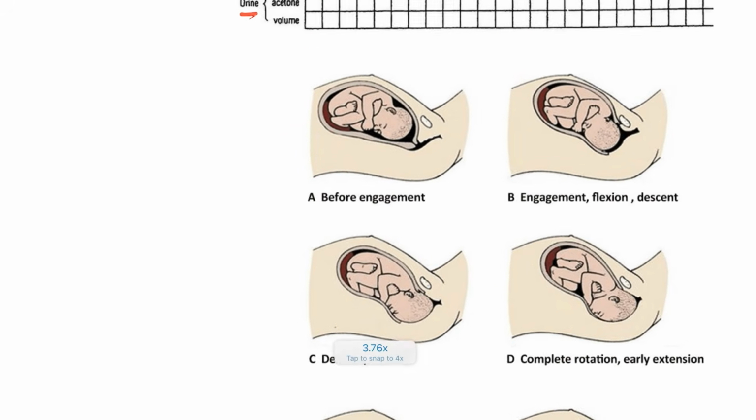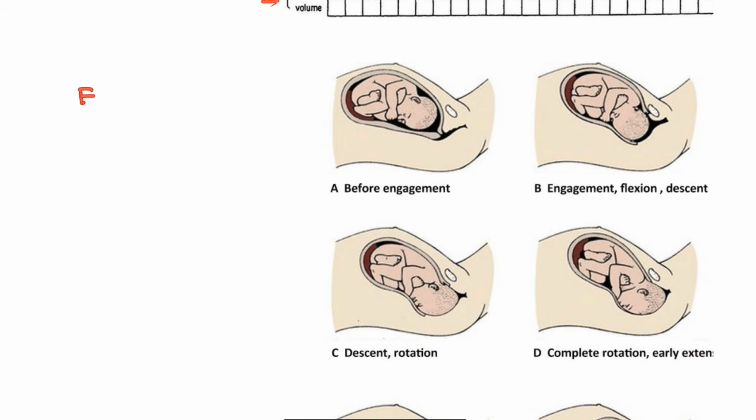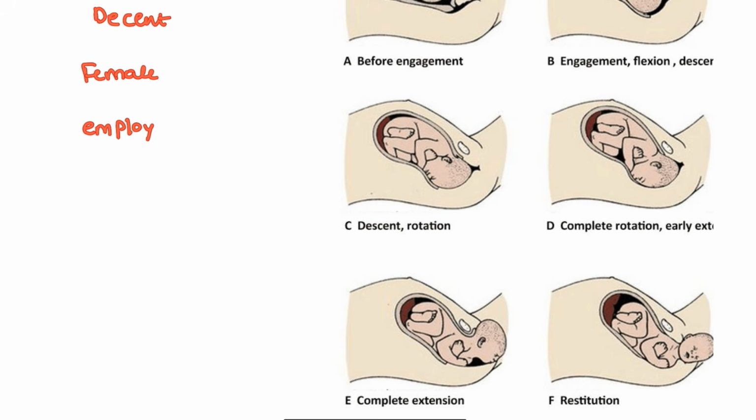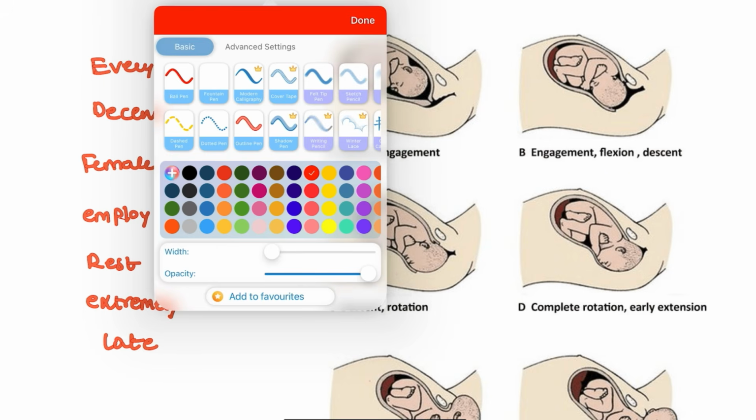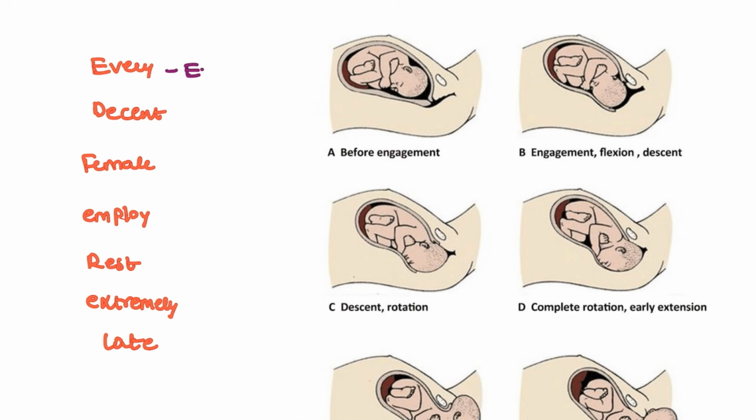How will the normal vaginal birth occur? Remember it with the mnemonic: Every Decent Female Employee Has the Rest Extremely Late. Every means engagement: the baby's head is already engaged in the pelvis. Next, D, descent.